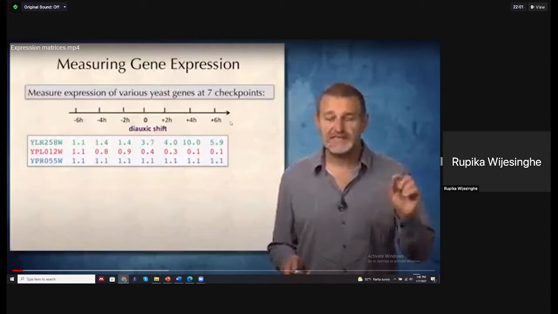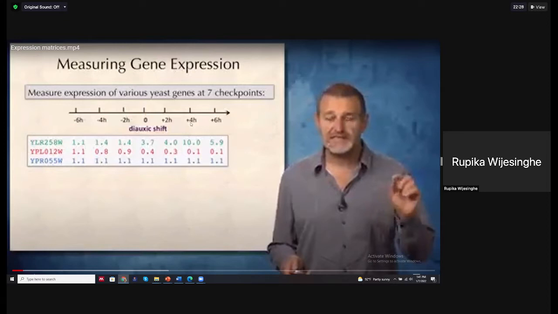So at what time intervals have they measured the expression? 2 hours. Here you can see, after 2 hours, again after another 2 hours, expression is measured.